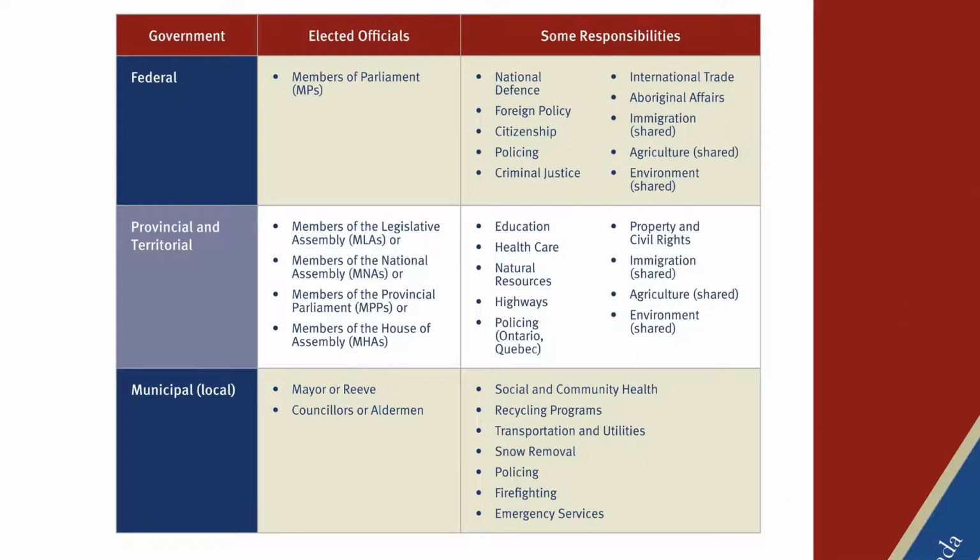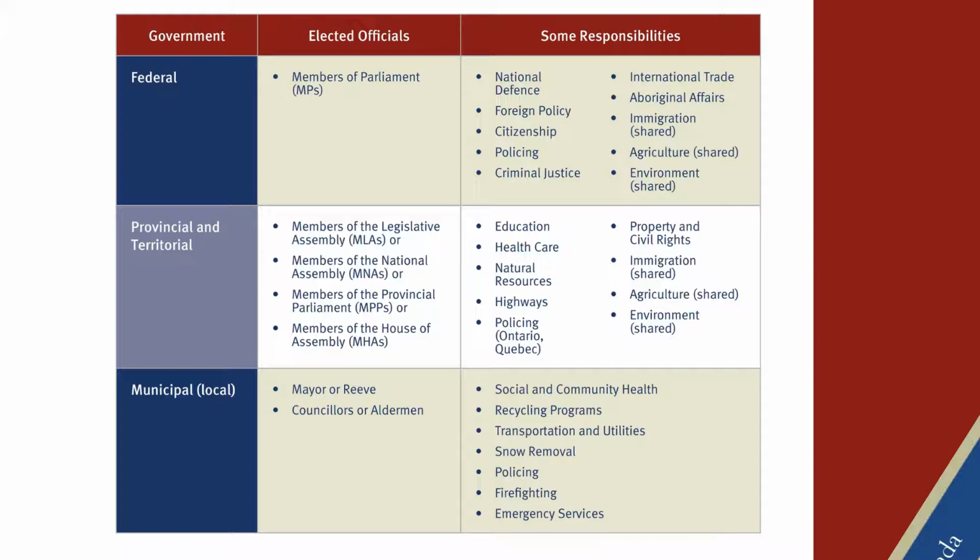The following information will help you understand the differences between federal, provincial, and territorial and municipal levels of government. At the federal government level, the elected officials are called Members of Parliament, or MPs.